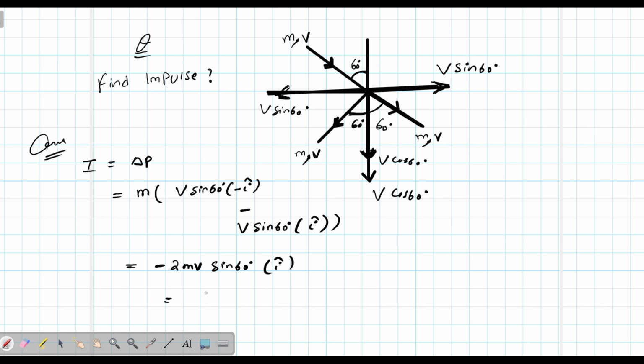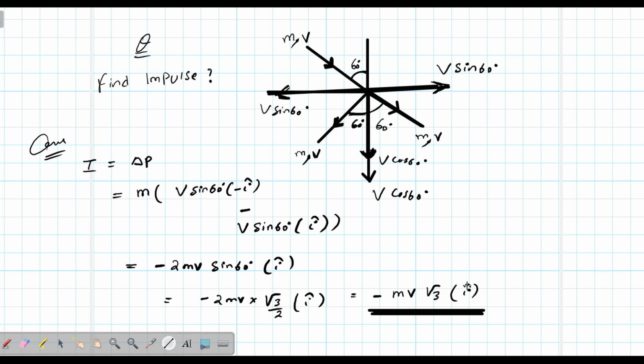Sin 60 is root 3 by 2, so this is minus mv root 3 I cap.